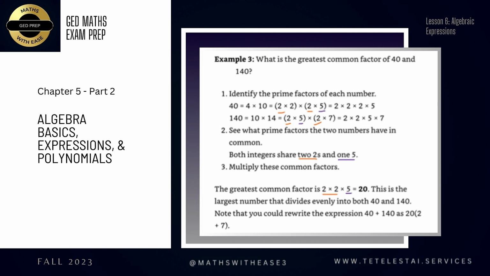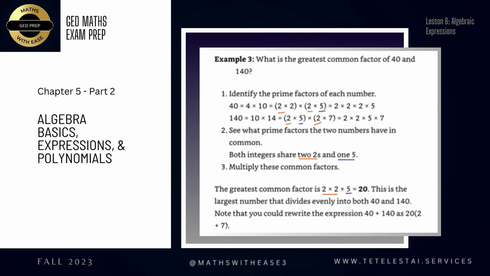But for now, know that you can find the greatest common factor by first identifying the prime factors of each number. Then, based on the greatest common factor that you found, which is 20, you can rewrite 40 plus 140 as 20, open parentheses, 2 plus 7.